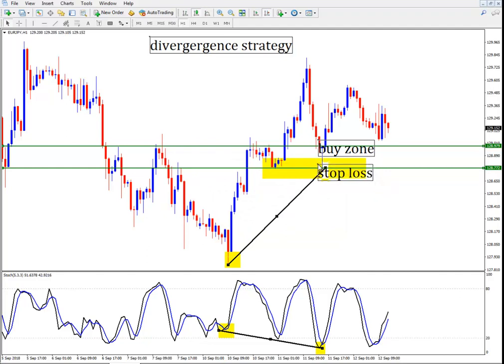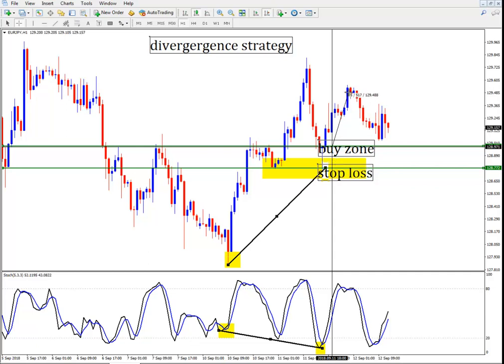You can check this: we take a 20 pip stop loss, so our target will be 40 pips. So here will be our target, 40 pips on 20 pips.